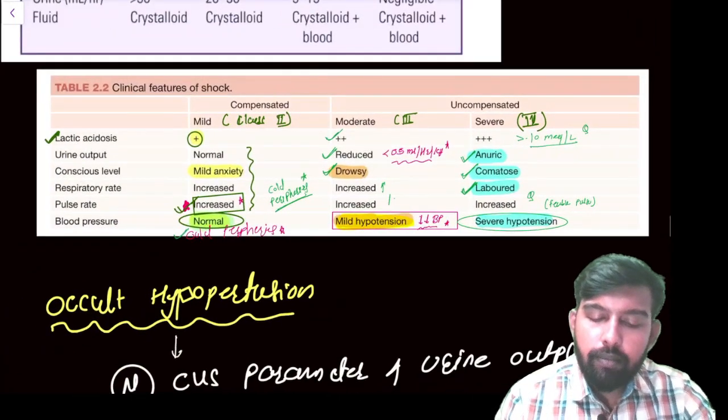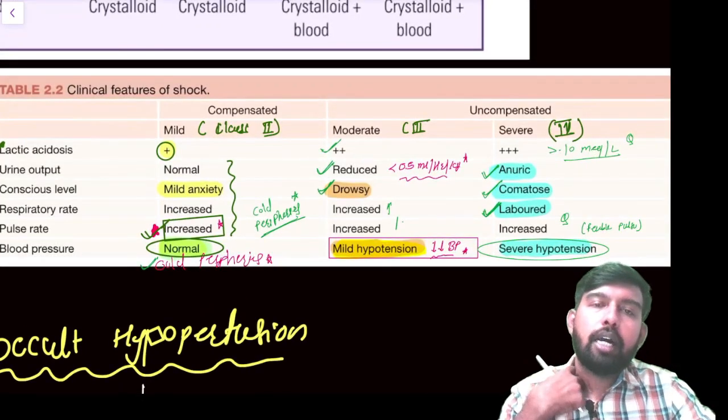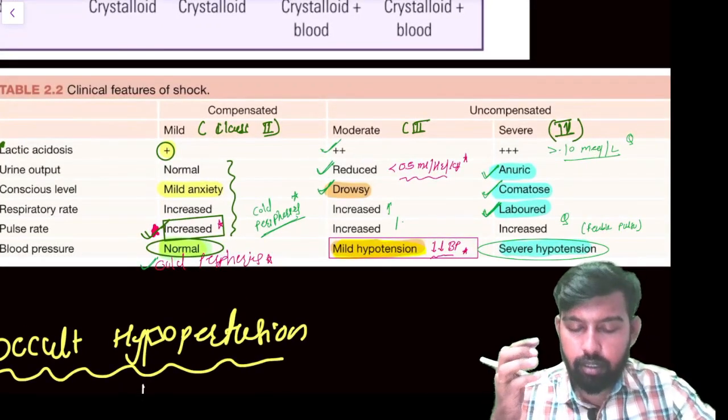So this is the important chart given in Bailey and Love.